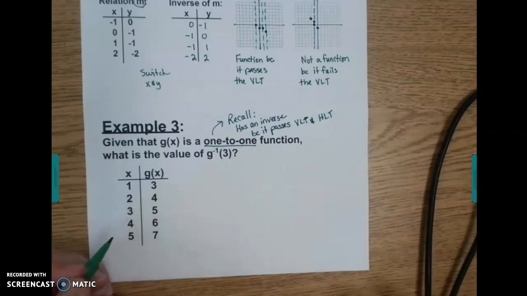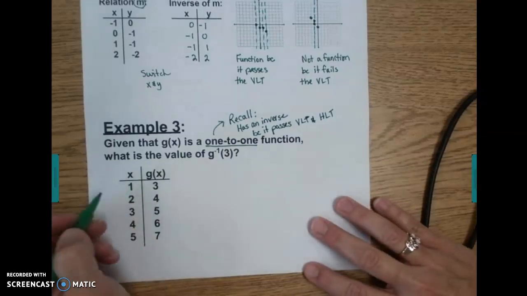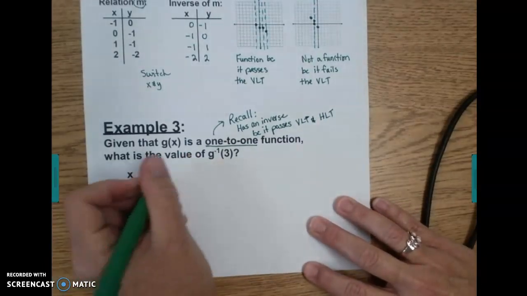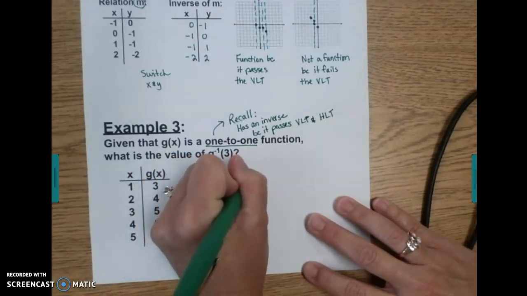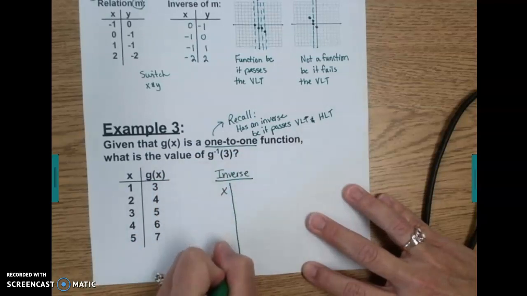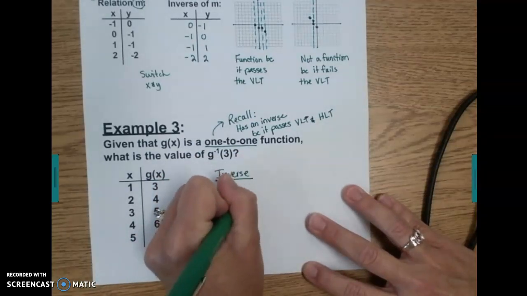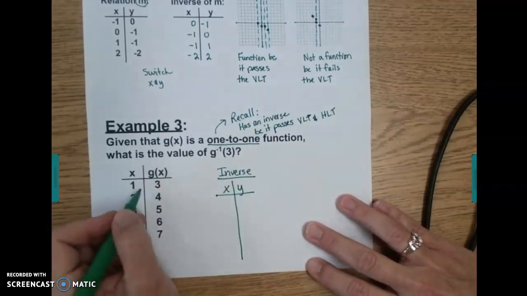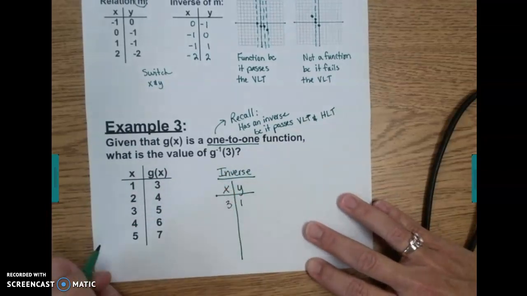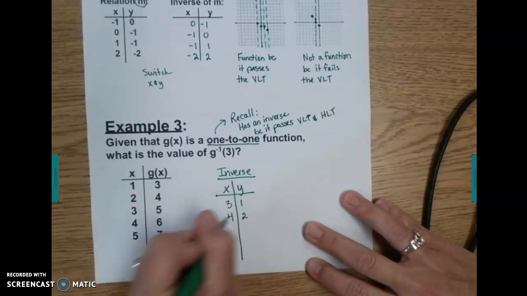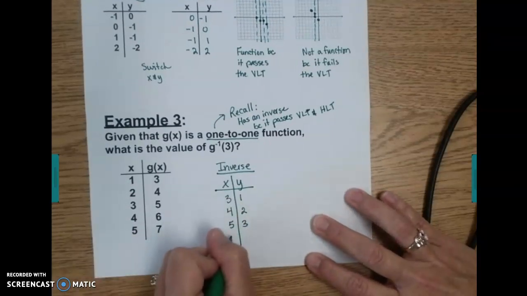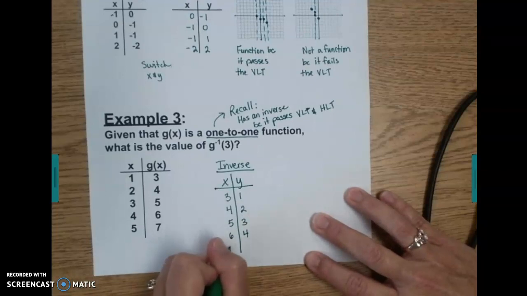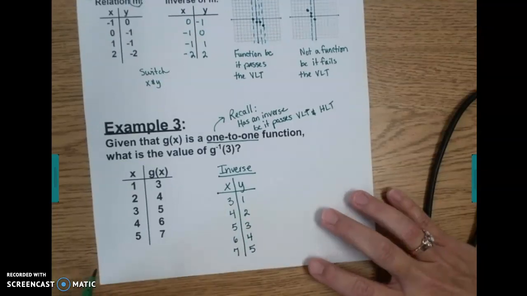What I would do is make another table for the inverse, and we're going to flip these. So (3, 1), (4, 2), (5, 3), (6, 4), and (7, 5).